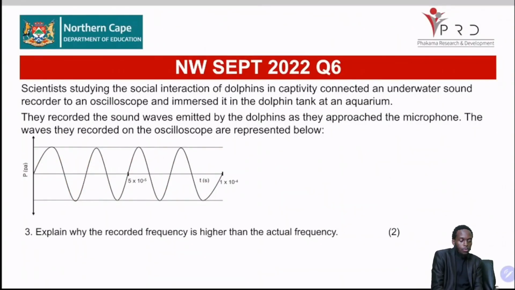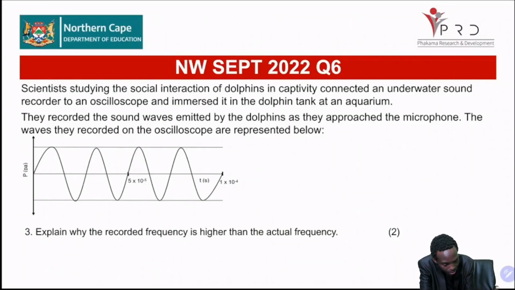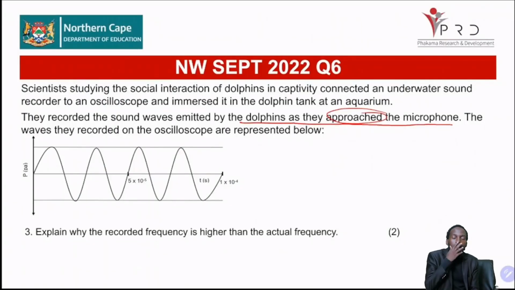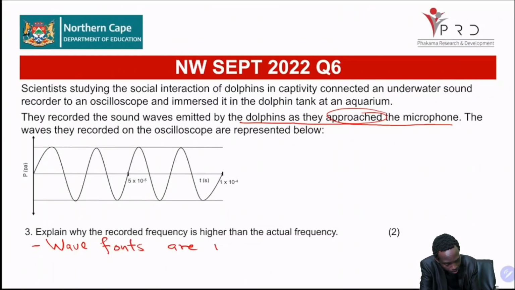Okay, so question 3, we are asked to explain why the recorded frequency is higher than the actual frequency. You'll remember here that the information said the dolphins are approaching the microphone, right? Now, when the dolphins approach the microphone, the waveforms are more compressed. So we are going to say waveforms are more compressed.